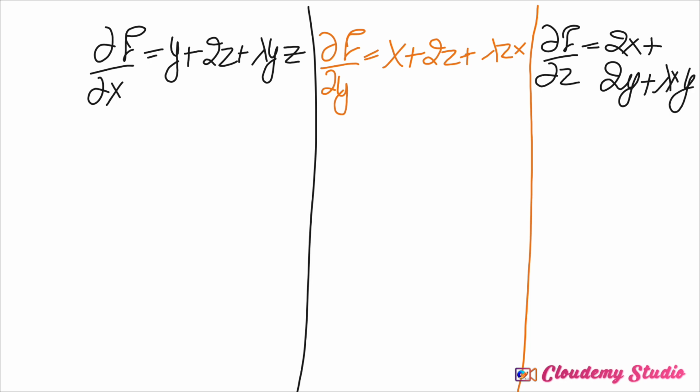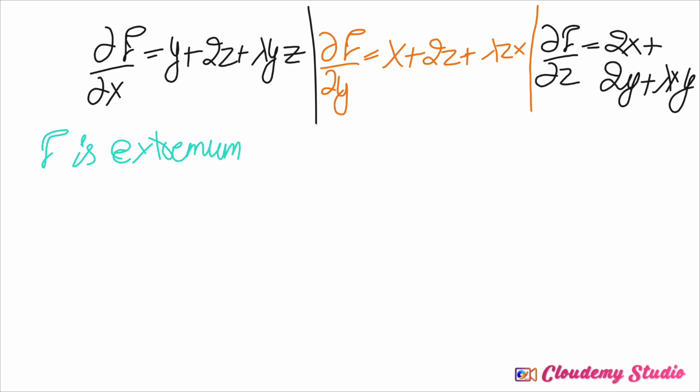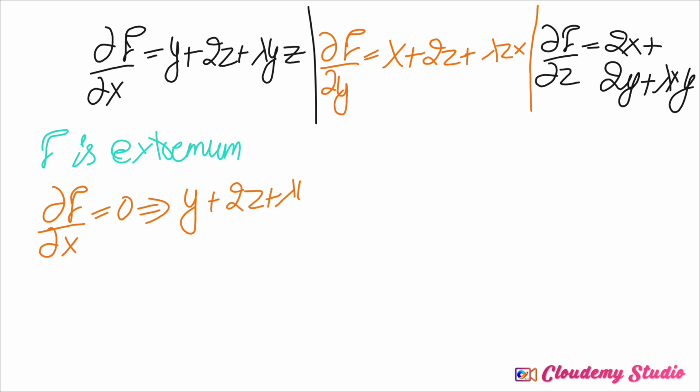So f is extremal when del f over del x is 0, so it will be y plus 2z plus lambda yz equals 0.